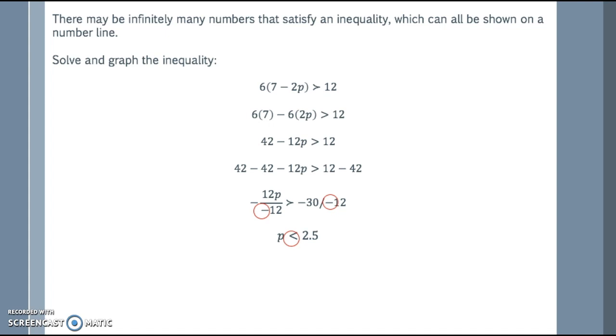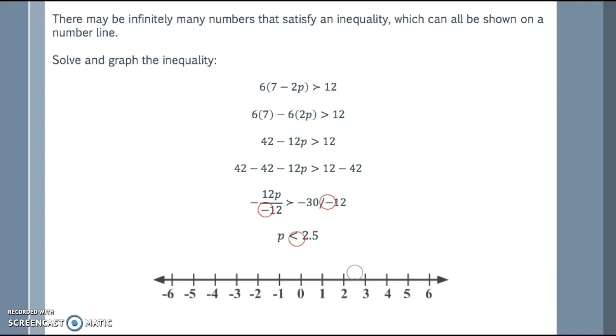So because I'm dividing by a negative, I'm going to flip my inequality from greater than to less than. And 30 divided by 12 is 2.5. On our number line, I can place 2.5 using an open circle because we have less than, and we want values that are less than 2.5, which means that our arrow needs to point to the left.